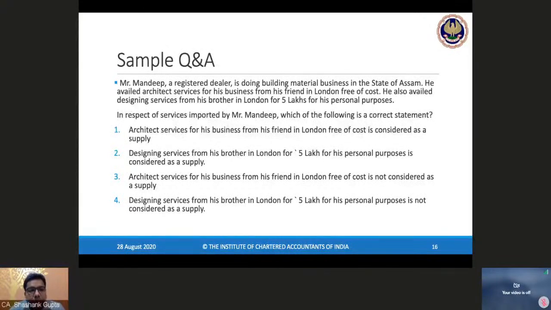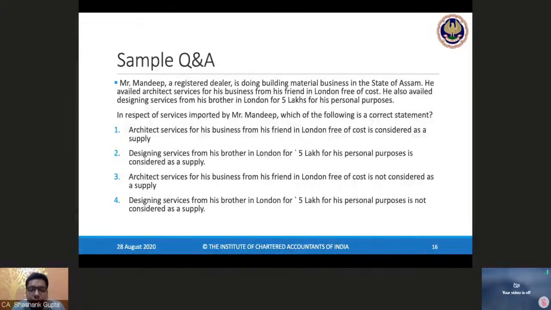Second statement, designing services from his brother in London for 5 lakh for his personal purposes is considered as a supply. What have we studied regarding personal use of import of service?